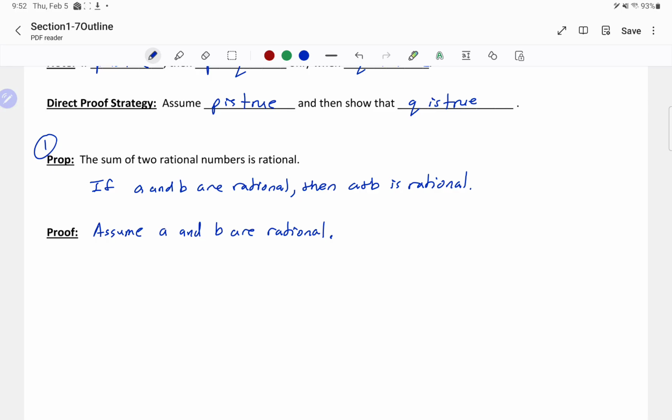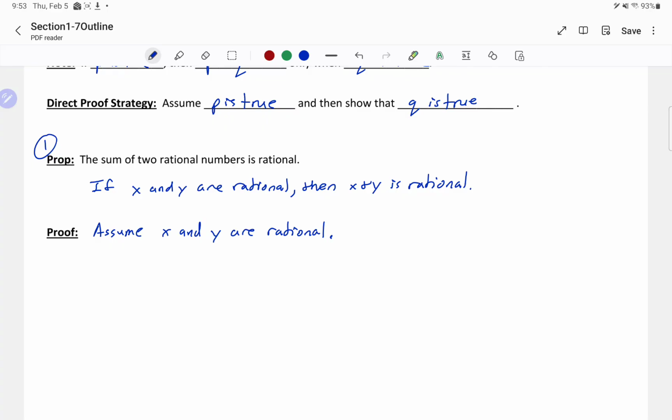Actually, I'm going to change these to X and Y because I want to use A and B for other things. So X and Y are rational.